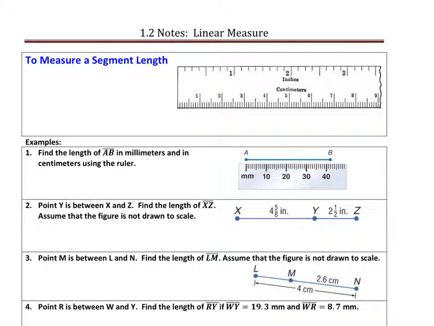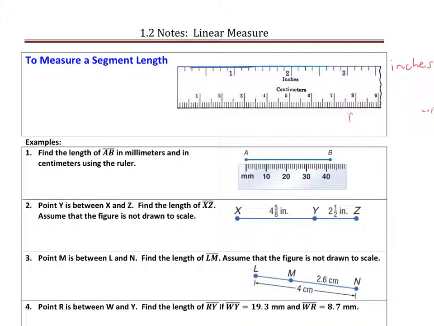Now, looking at this ruler here, the top part of the ruler is inches. And you could see that our ruler goes out to maybe a little bit over 3.5 inches. This bottom portion here is centimeters, and these are exactly the type of rulers we use in class.